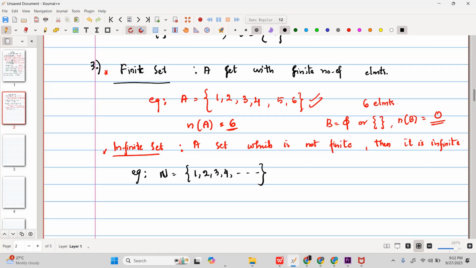Can we fix that there are only 10,000 elements? No, right? After 10,000 we can count 10,001, 10,002. So we cannot fix the number of elements in the natural number system, so it is not finite. So it is an infinite set.